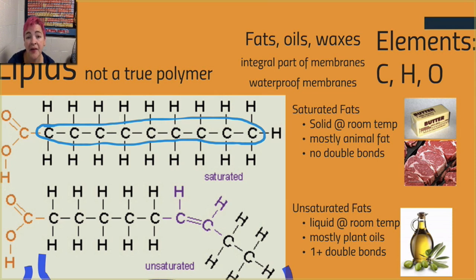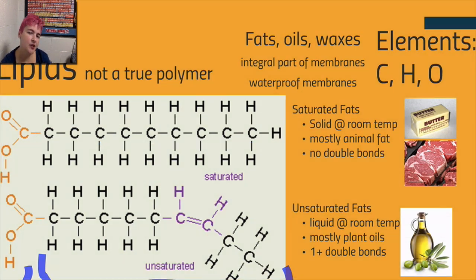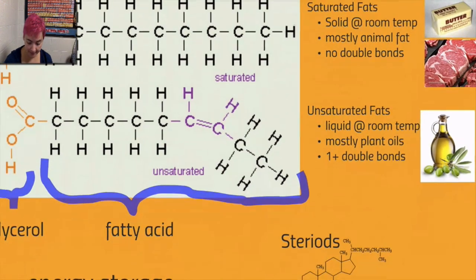It has as many hydrogens linked in as possible. This is called saturated. So the carbons are saturated with hydrogen. Saturated fats are mostly going to be animal fats. They are solid at room temperature and there are no double bonds. Things like butter and meat are all examples of saturated fats. On the whole, if it's really delicious, it's probably a saturated fat.